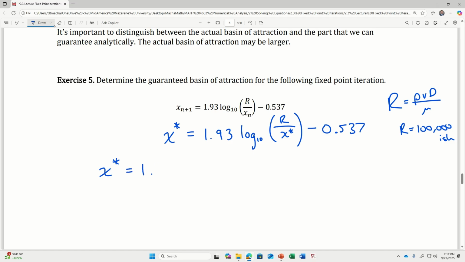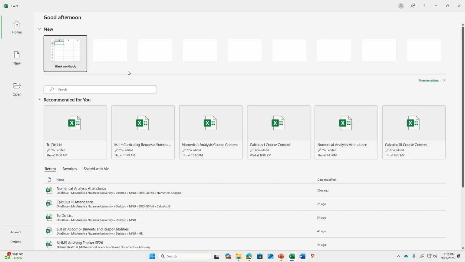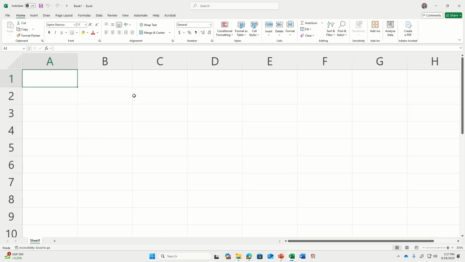So let's try to find this again. And so I've got the left-hand side and the right-hand side of my equation. We've got to choose some initial iterate. I might as well choose the number 1, I guess.